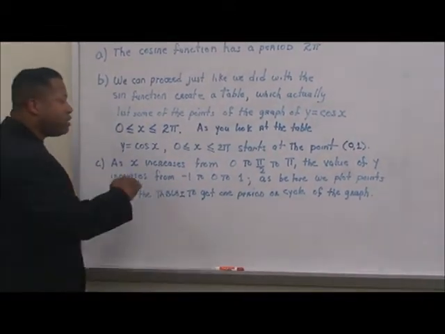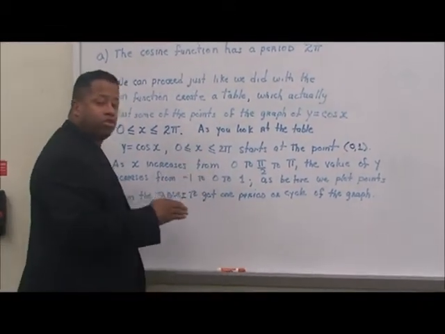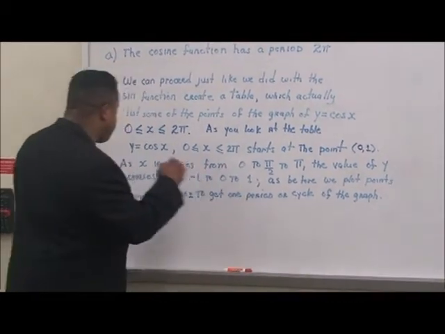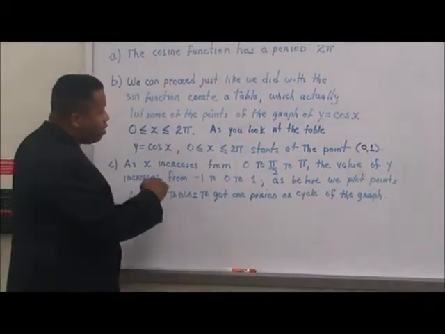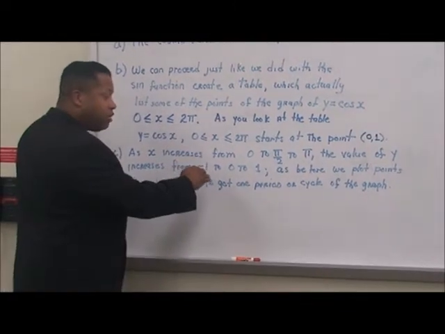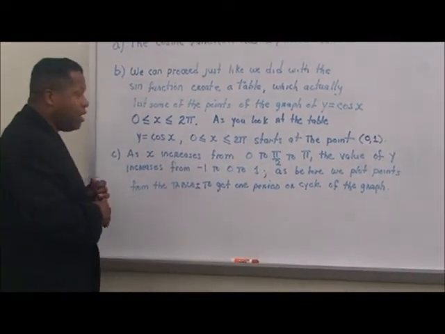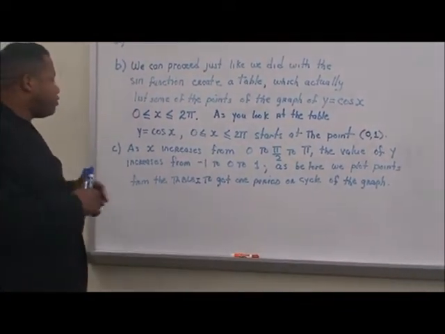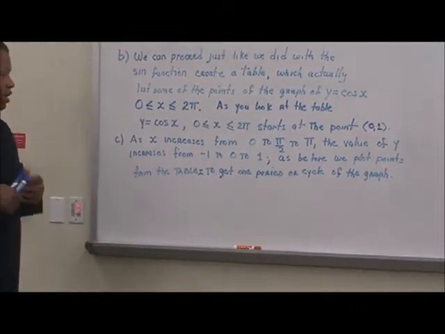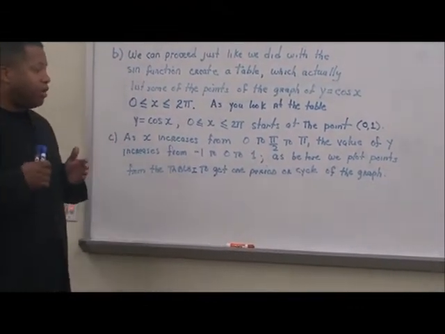And as x increases from 0 to pi over 2 to pi, the value of y decreases from 1 to 0 to -1. As before, we plot the points from the table, and we get one period or cycle of the graph.